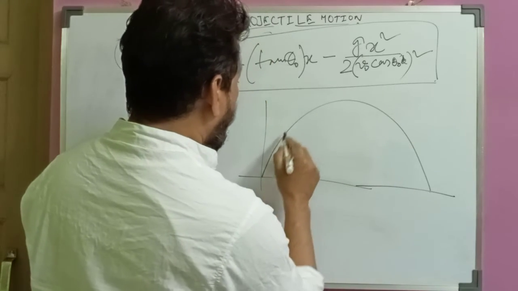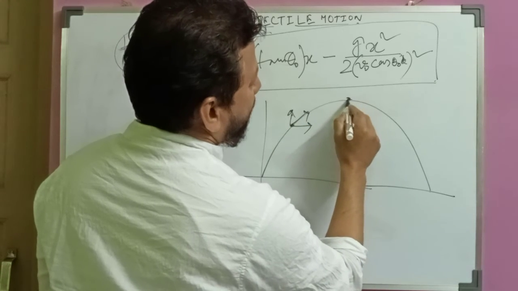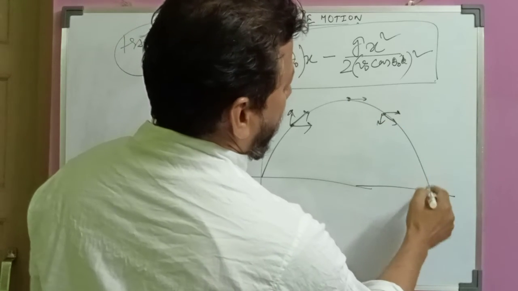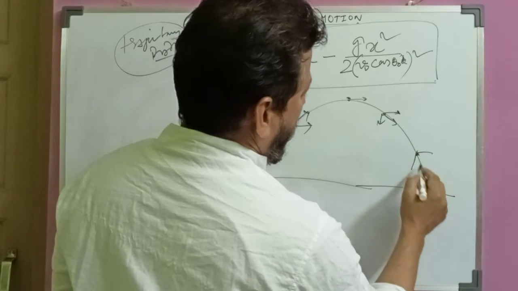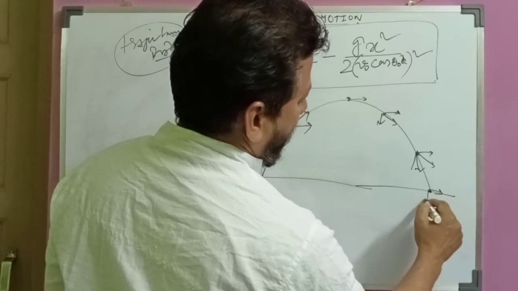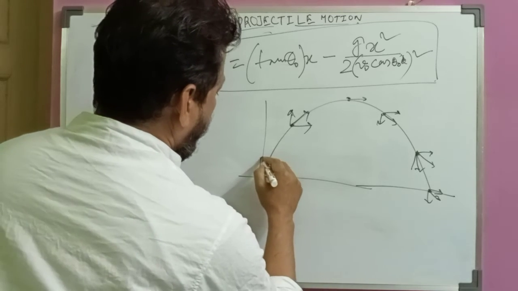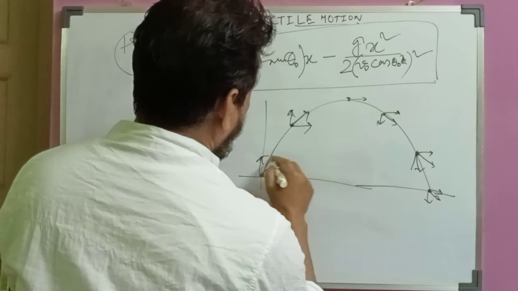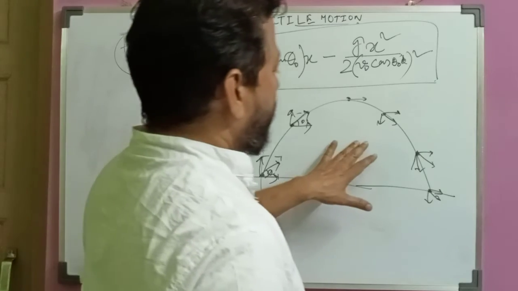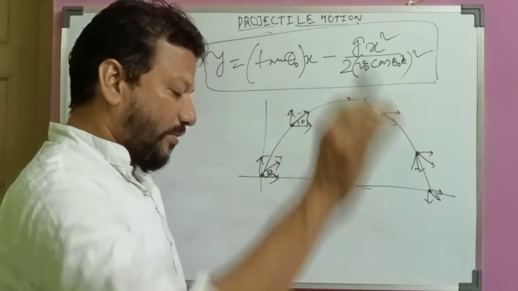At each and every point you will get this composition, and this is negative. This is the basic formulation for projectile motion as well as the trajectory path.